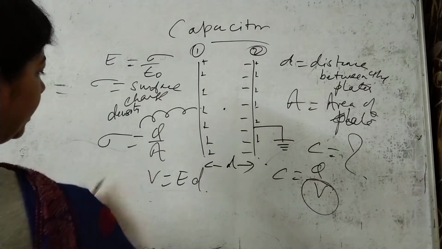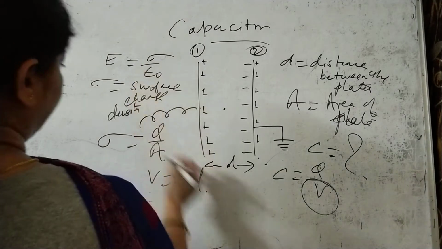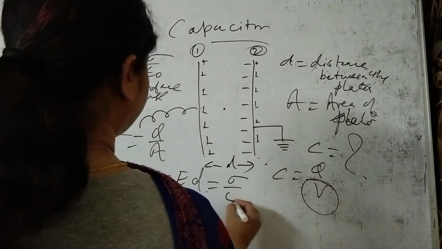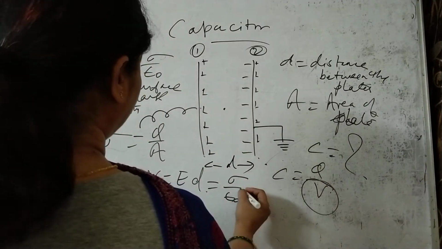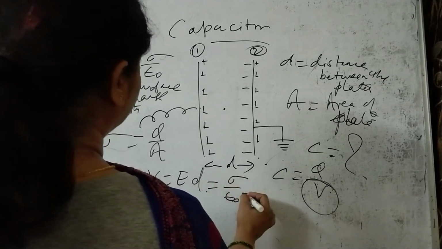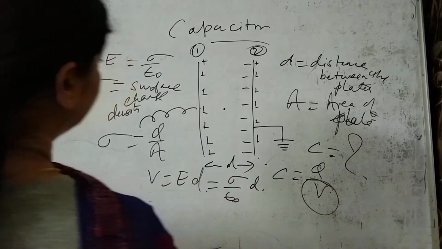So what are we getting? E into D. So E is sigma by epsilon naught into D. This is sigma by epsilon naught, and this is your D, right?